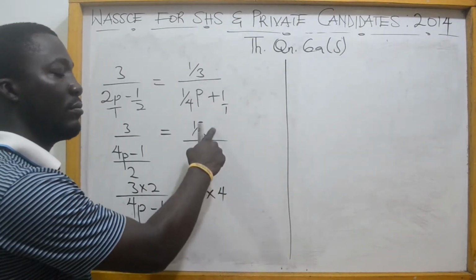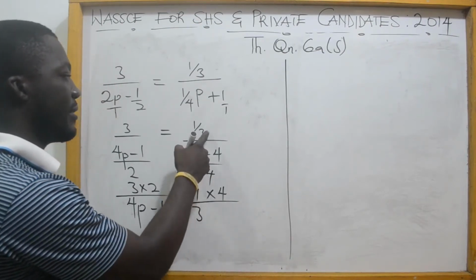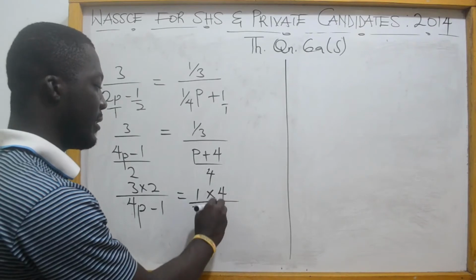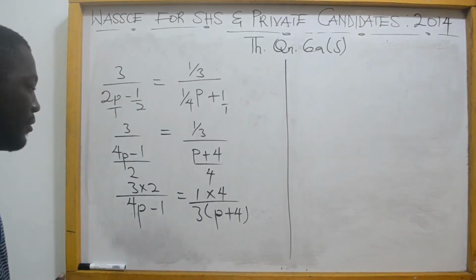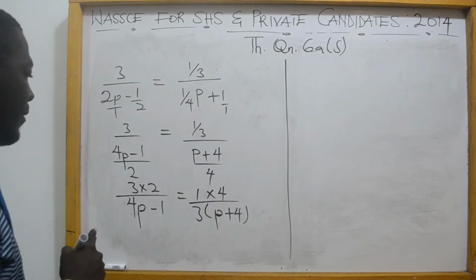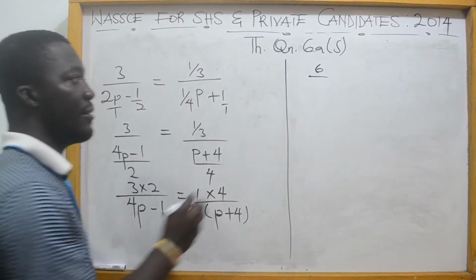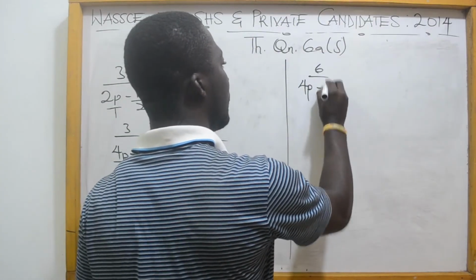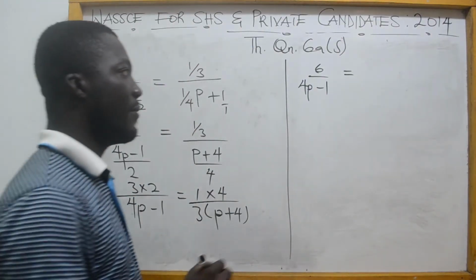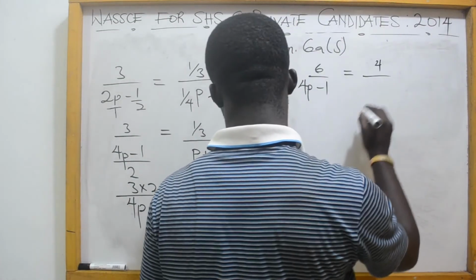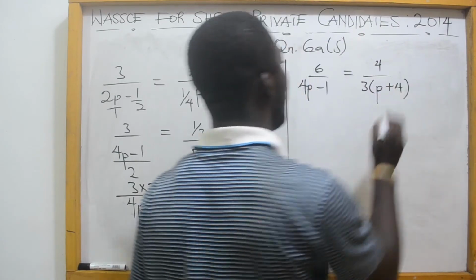It will change to a numerator here, divided by 3. This is a denominator, into bracket p plus 4. Very, very simple. You're going to get 3 times 2 is 6, divided by 4p minus 1 is equal to 1 times 4 is 4, divided by 3 into bracket p plus 4.